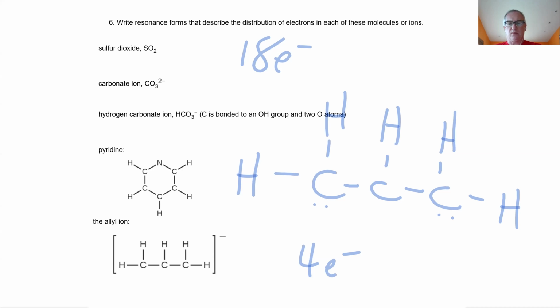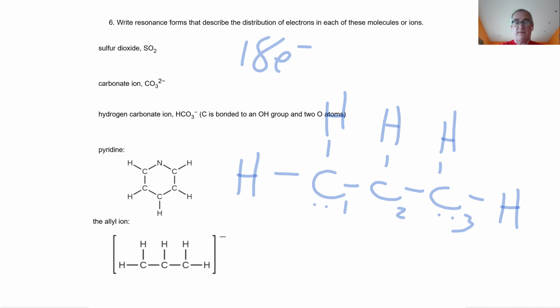Okay, so now what do we do? So the one in the middle still doesn't have enough. And the other 2 have 2, 4, 6, 8. So we have carbon 1, carbon 2, carbon 3. So carbons 1 and 3, how many electrons do they have? They have 8.